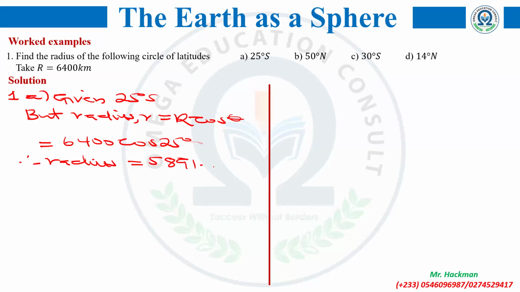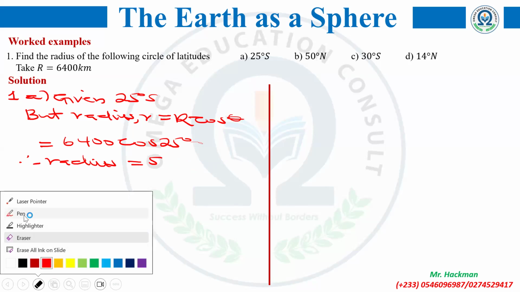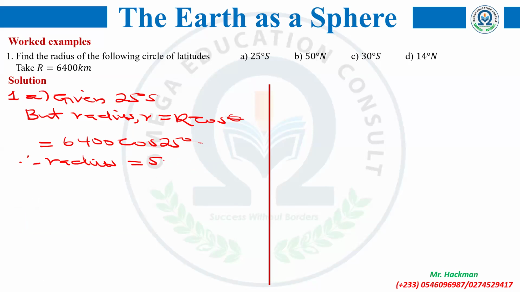Help me, let's go. 5,800.39. Then you rounded. I've not asked you to round. If you are not asked to approximate, don't approximate. If you want to approximate, then approximate to 4 dp before any other approximation. Please bear this in mind. Let's go ahead. Give me in terms of digits. So 5,800.